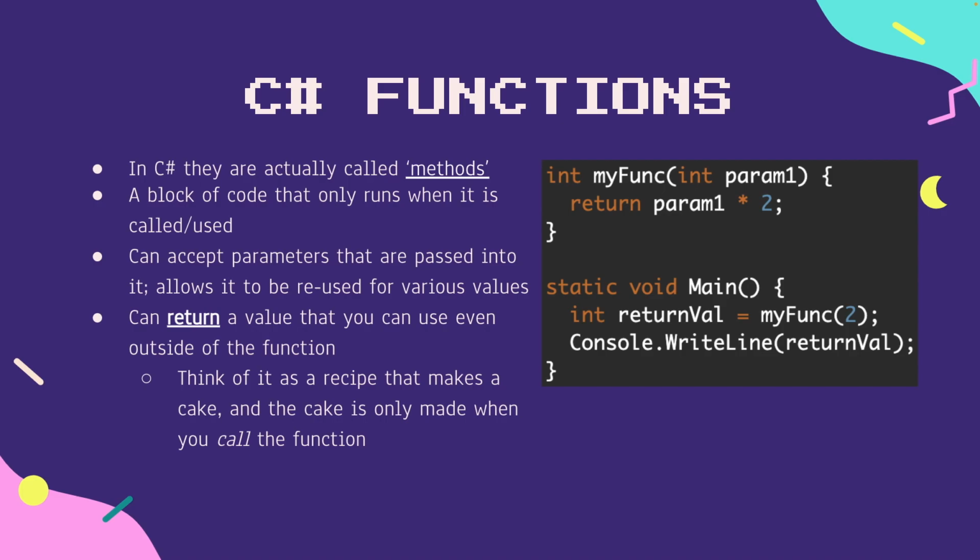And then inside of those curly brackets where it says return param1 * 2, that's what it does, right? So it calculates param1 times 2, and then return is a keyword, that's what it passes back. And at the very beginning, it says int myfunc, which means that my function returns an integer type. So obviously you know that param1 times 2 is itself an integer, which makes sense because param1 is an integer and 2 is an integer.